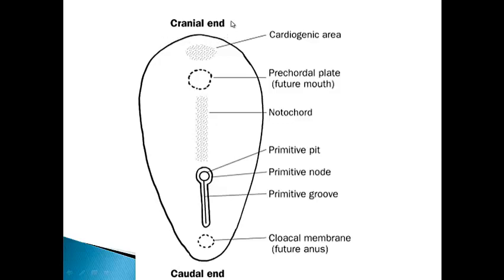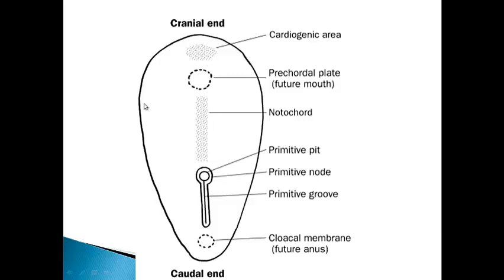You've got this upper end, which is expanded and wider. This is usually referred to as the cranial end. When we talk about cranial, we're talking about things that are closer to the head, so higher up in the human body. So basically the head, the neck, the structures in the chest, the upper part of the body, is closer to this side of the embryonic disc.